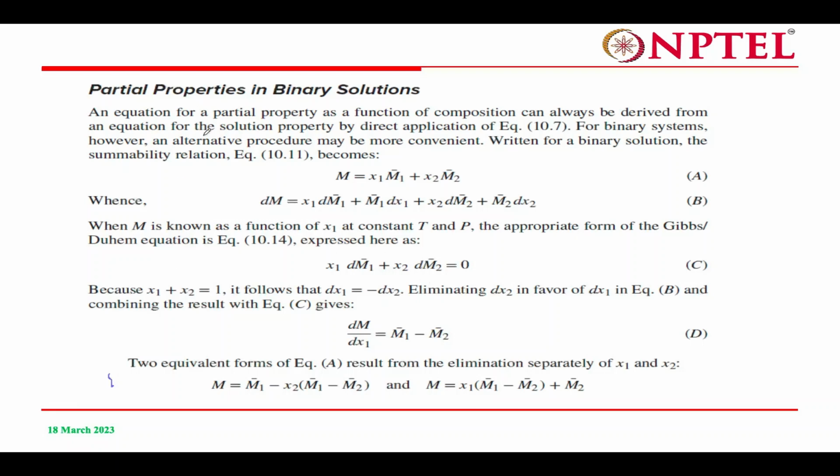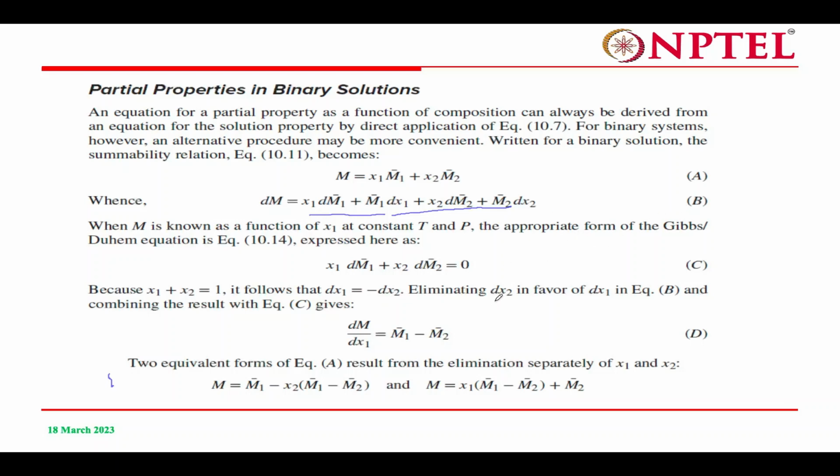Now coming to the partial properties in binary solutions. As per the summability relation, M is equal to x1 M1 bar plus x2 M2 bar. Now take the differentiation. Now as we know the Gibbs-Duhem equation, x1 dM1 plus x2 dM2 equals 0. Now for the binary solution, x1 plus x2 is equal to 1, so differentiate: dx1 equals minus dx2.